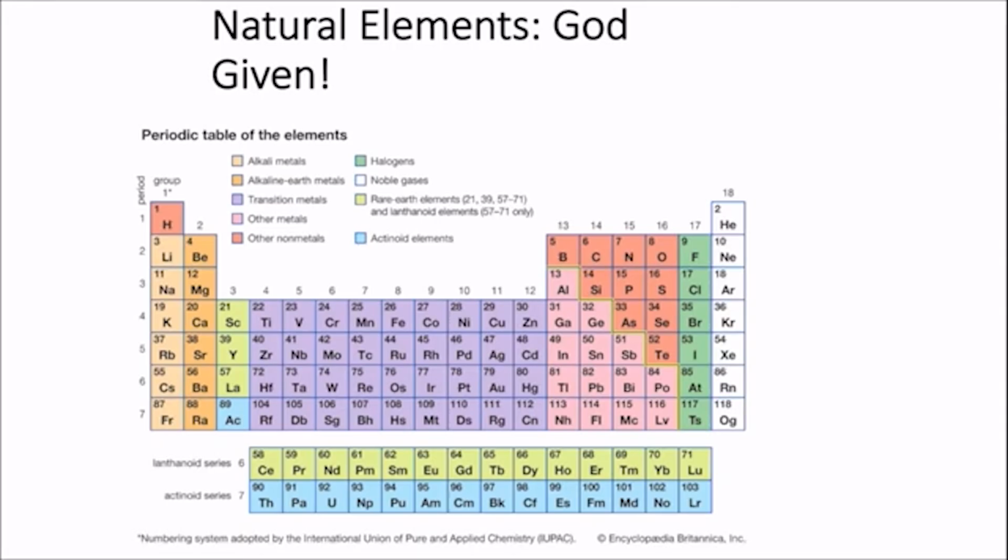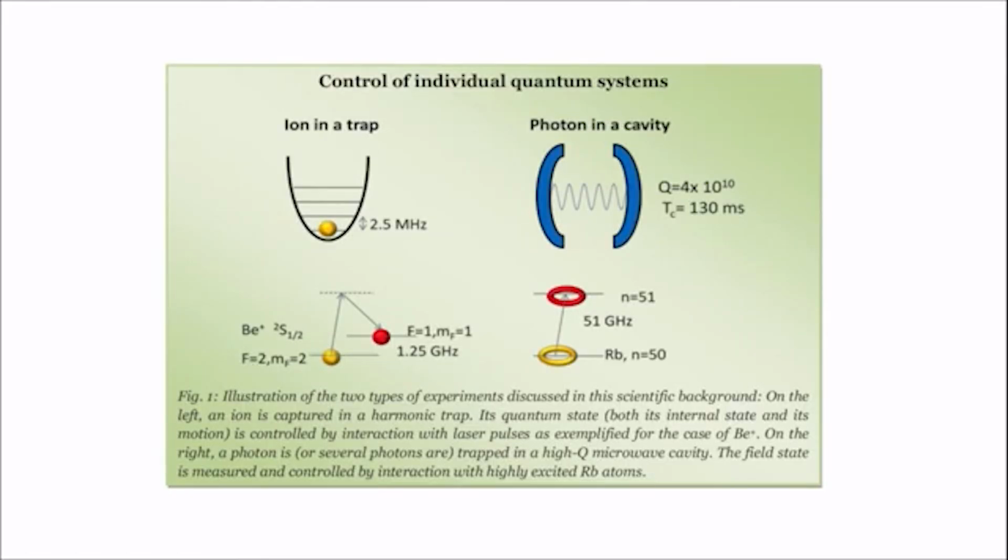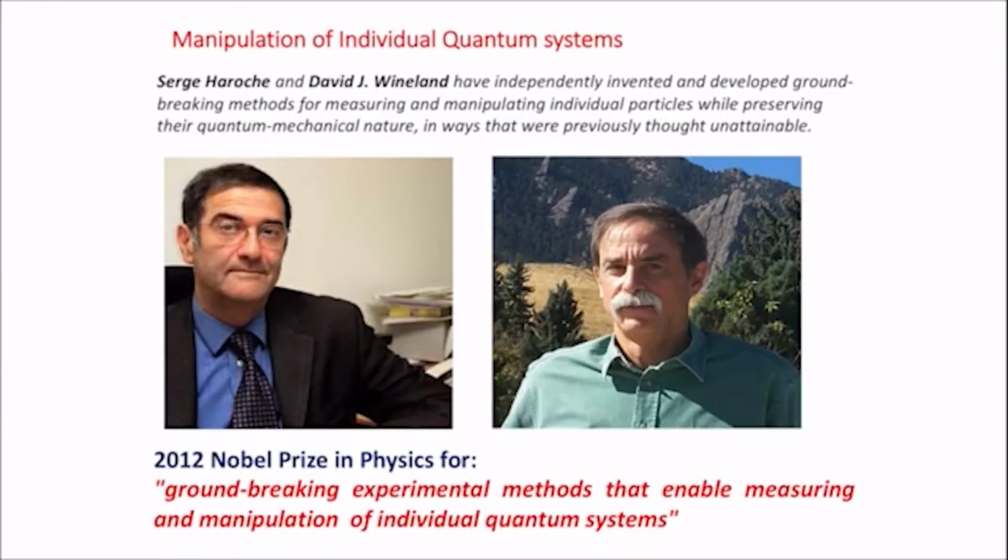However, since the 1980s, due to enormous progress in technology and thanks to persistent research by some research groups, it was possible to trap a single ion or even trap photons in a cavity, which led to the control of individual quantum systems. Two research groups, one led by Serge Haroche and the other by David J. Wineland, contributed hugely towards manipulation of individual quantum systems.